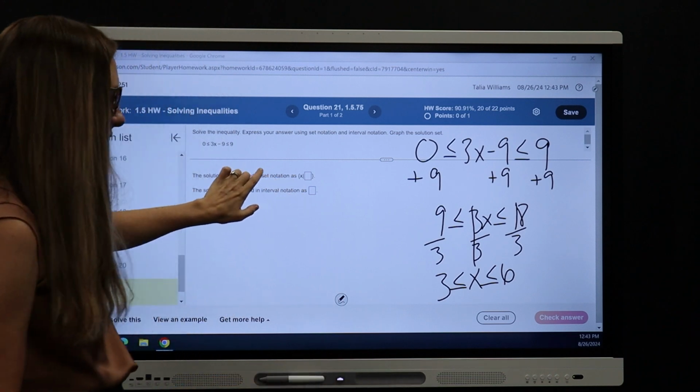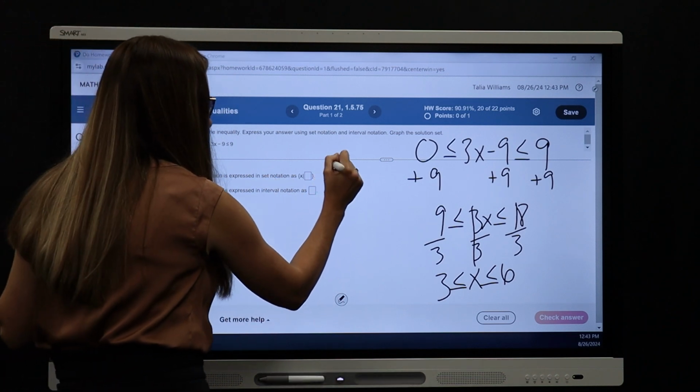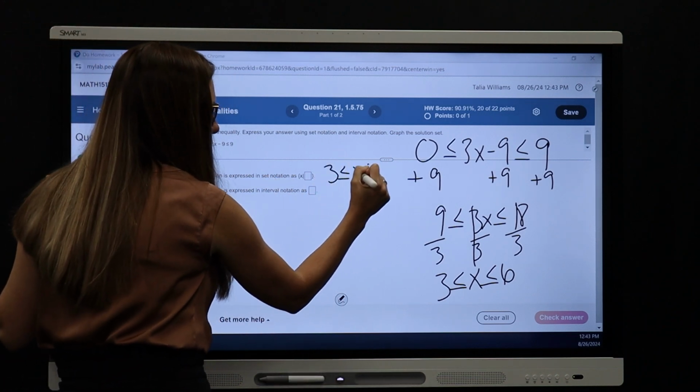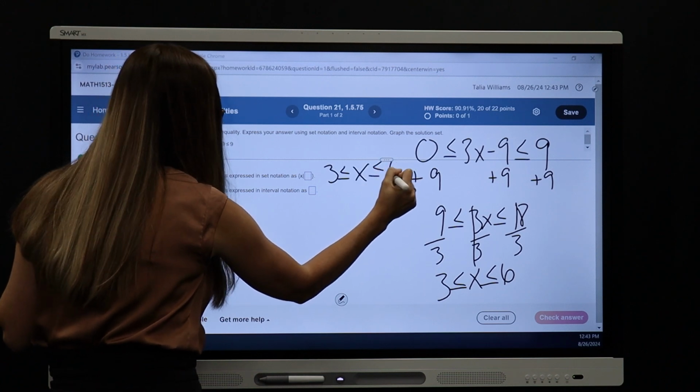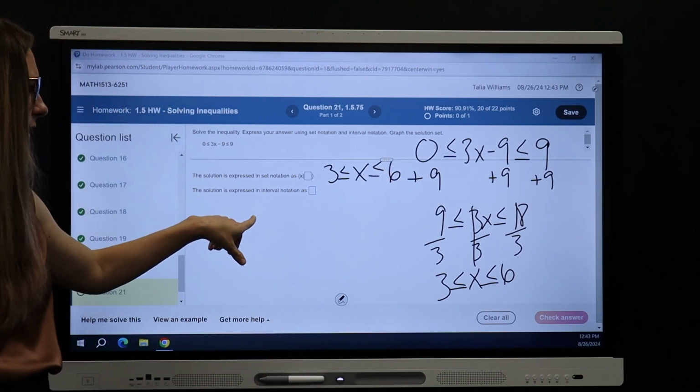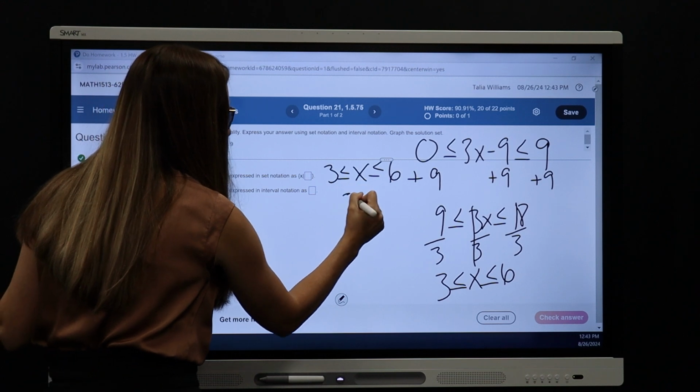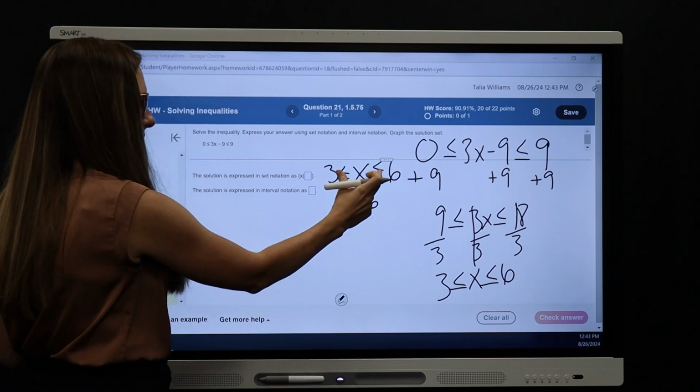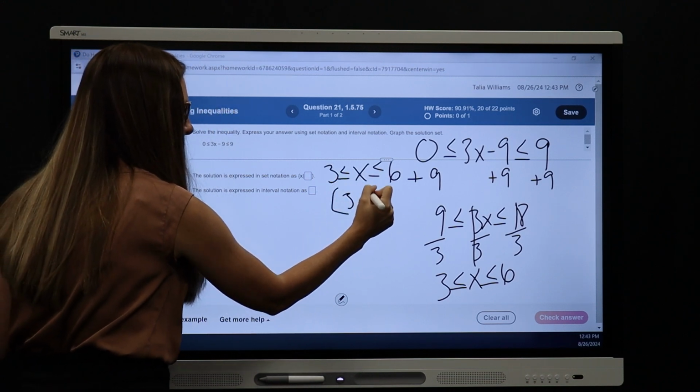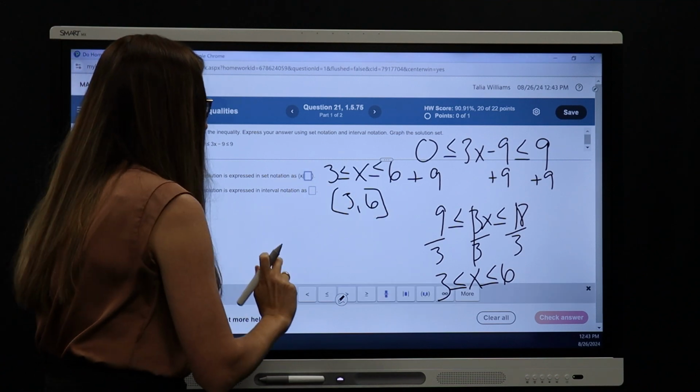This is going to go in our set notation. So I'm going to have 3 is less than or equal to x, which is less than or equal to 6. Our interval notation, we're going to have it from 3 to 6, and since they're both equal to, they both get brackets.